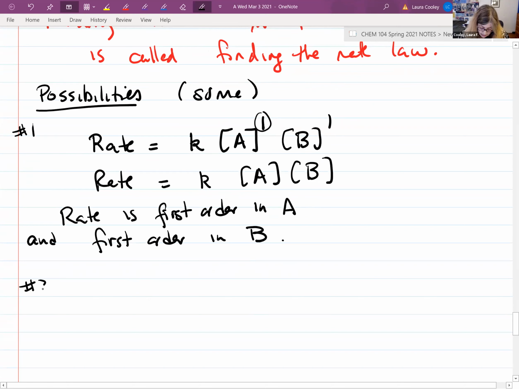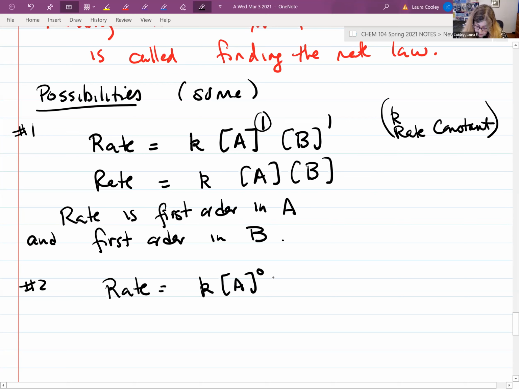Another possibility, so this is possibility number 1. Another possibility is if, let's say, the rate, and I'm talking about like that initial slope of that reaction, okay? Is it equal to K? By the way, this K is called a rate constant. We'll talk a lot more about that later on in the unit. It could be K A to the 0, B to the 1.